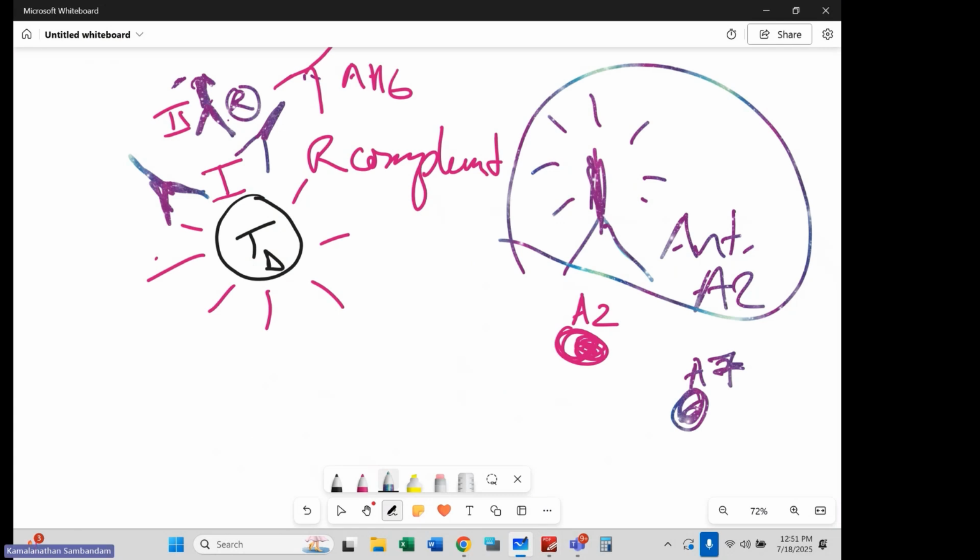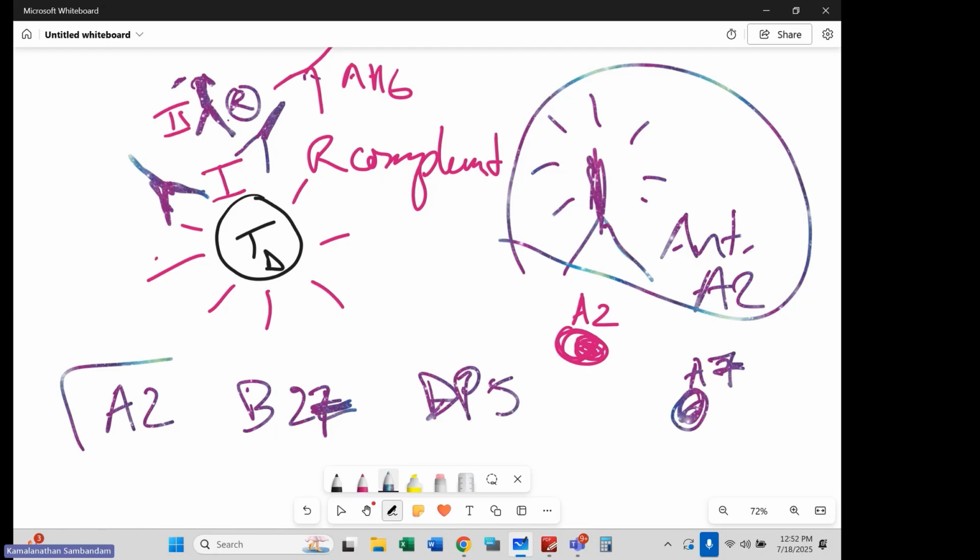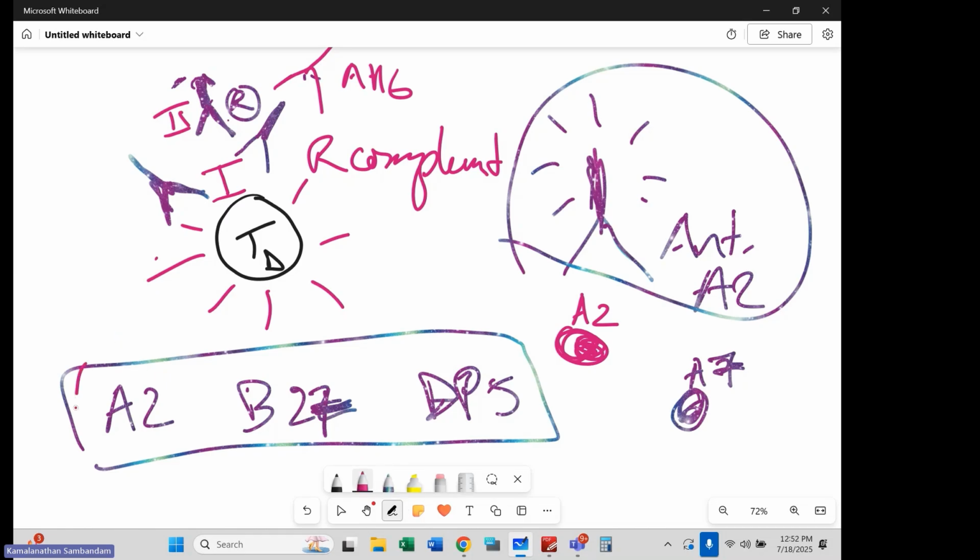Okay, so if the recipient is producing an A2, a B27 alloantibody, and maybe even a DP5, the recipient has all of these alloantibodies that you detect by a Luminex study, but only A2 might be donor specific.